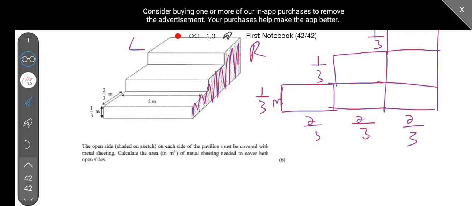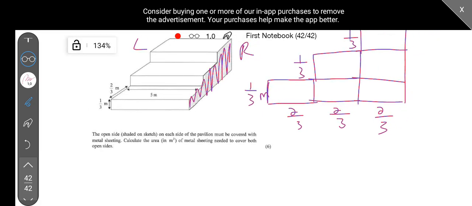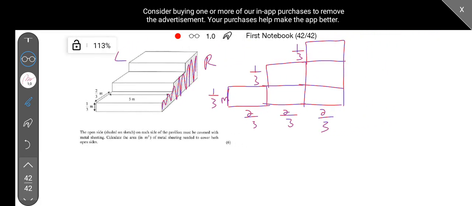What I want you to understand here is that we can unpack these things. We are calculating the area of the metal sheeting which is needed. This means we're going to add the area of the first step, the second step, the third step, until the 12th step, because they said that these steps are up to 12.